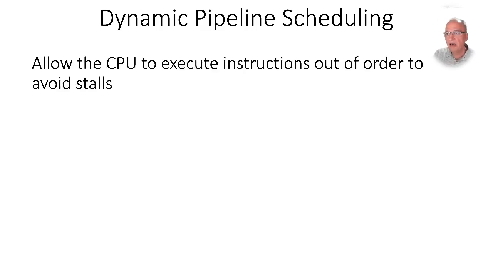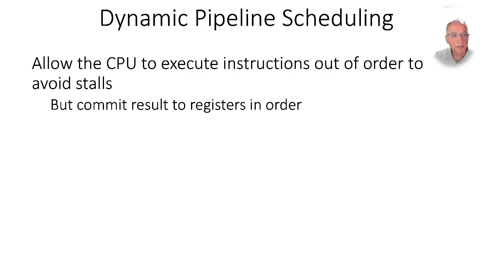We also need to discuss the dynamic pipeline scheduling that occurs in processors. I want to allow the processor to execute instructions out of order to avoid stalls, because some instructions may take longer than others, and other instructions may have their operands already available, therefore their execution can proceed. But the committing of the results must be in order.